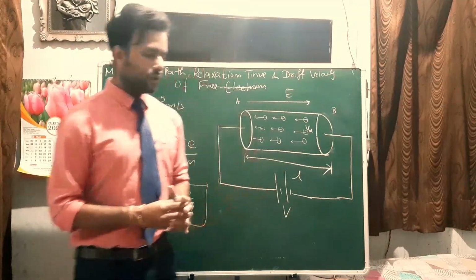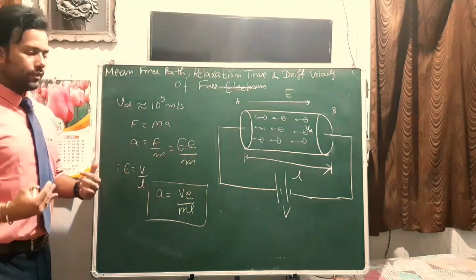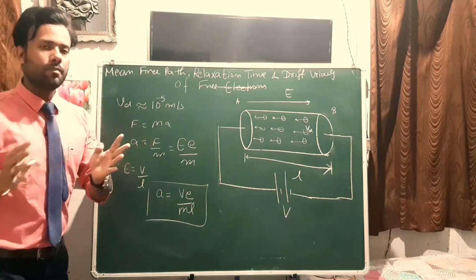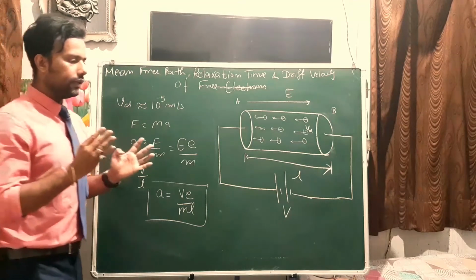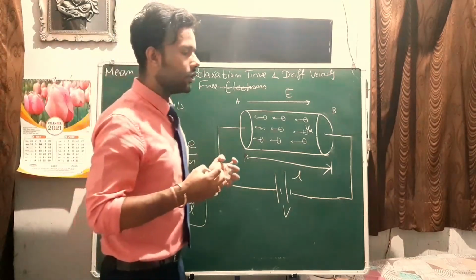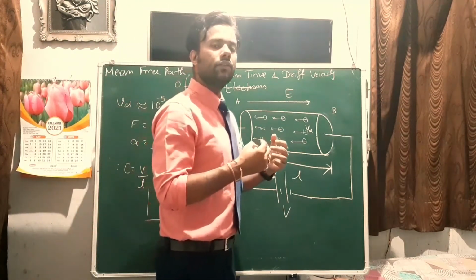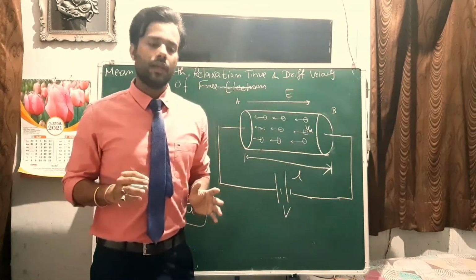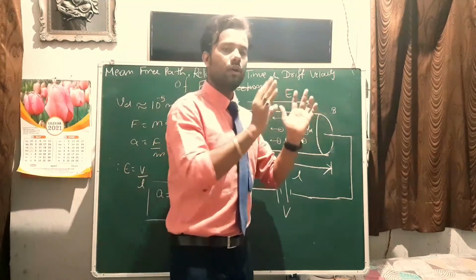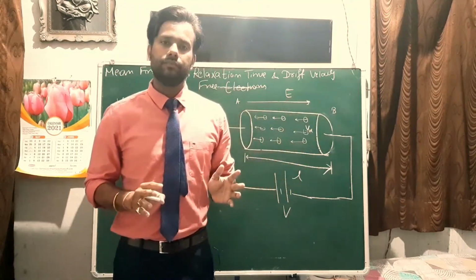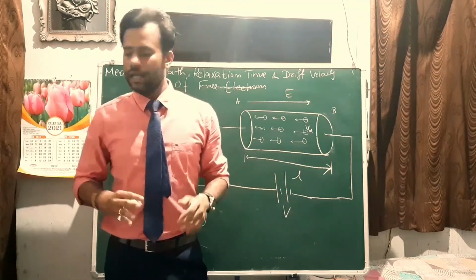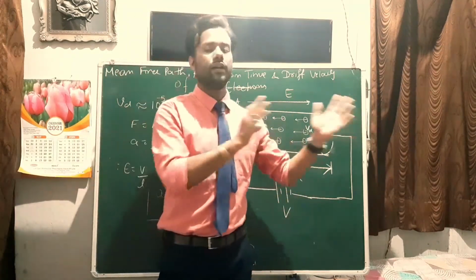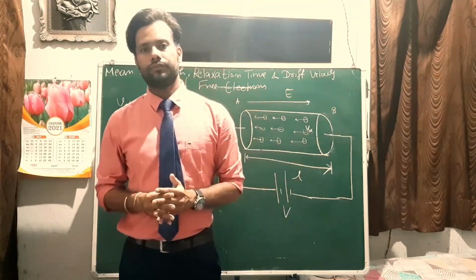Why? Suppose I am an electron, I am pushed by the cell or battery, and I move in this direction, getting some acceleration. As I am accelerating, suddenly I strike an ion and I lose all of my energy. That means the energy I gained from this point to this point is all lost by colliding with the ion.